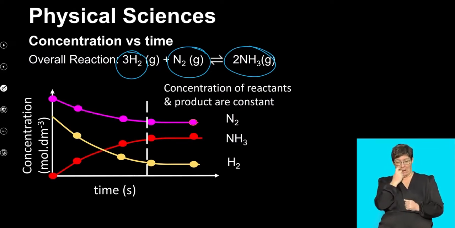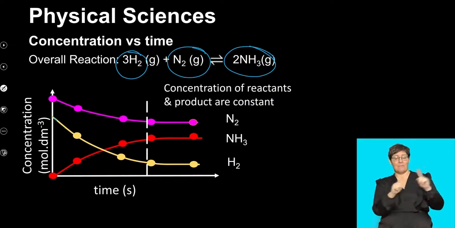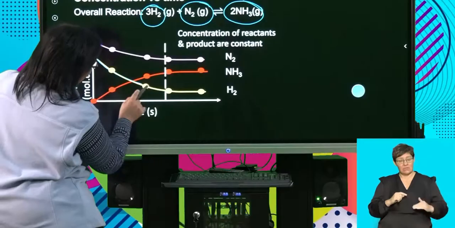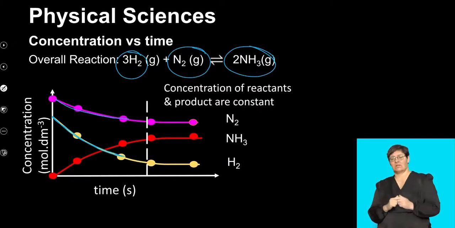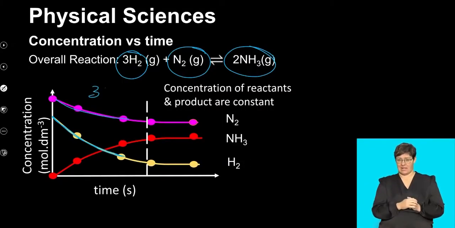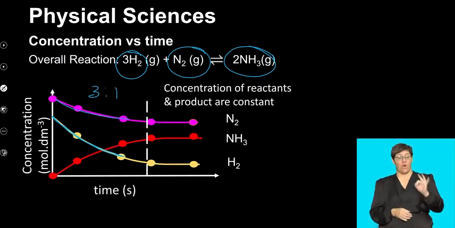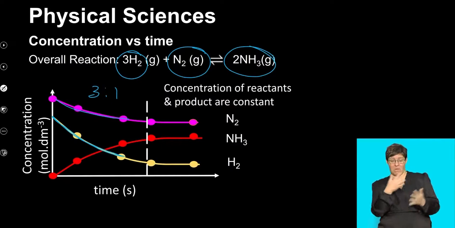I want you to see that nitrogen decreases, but hydrogen decreases more. You can see on the slope that it's a bit steeper for hydrogen. The reason for that is they react in the ratio of 3:1.